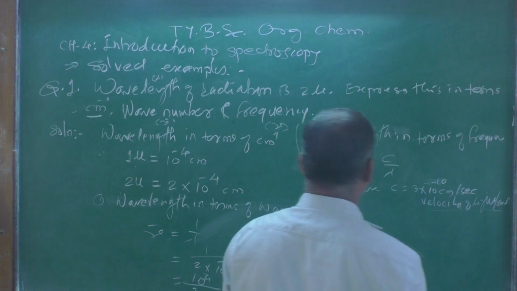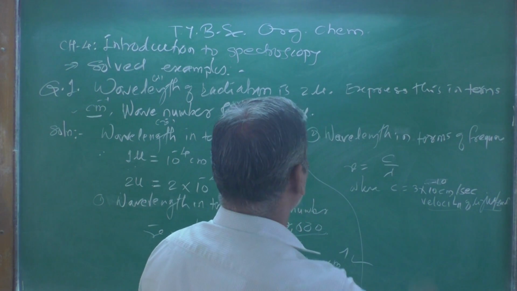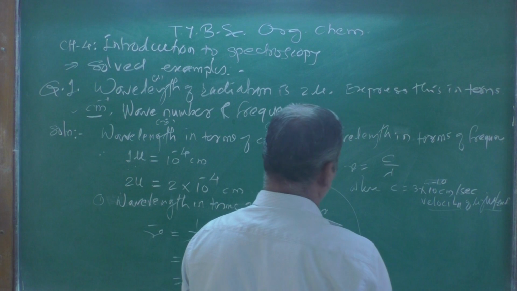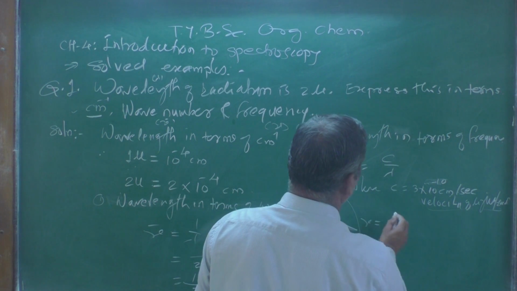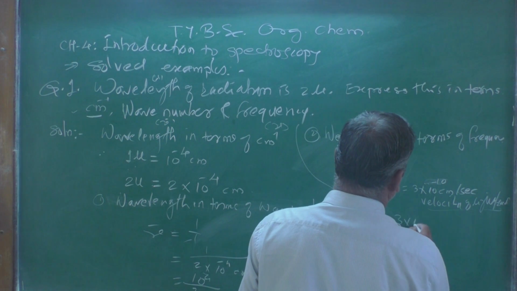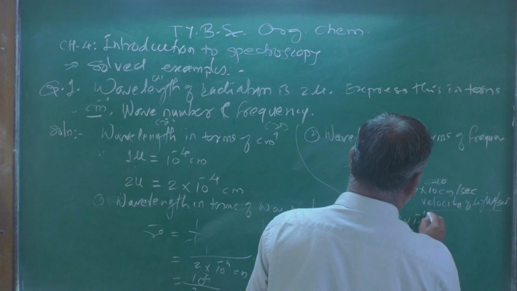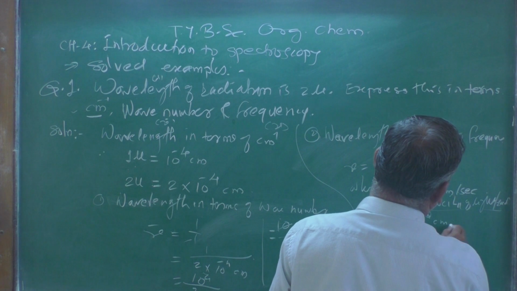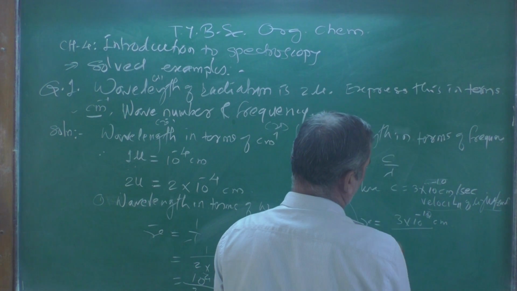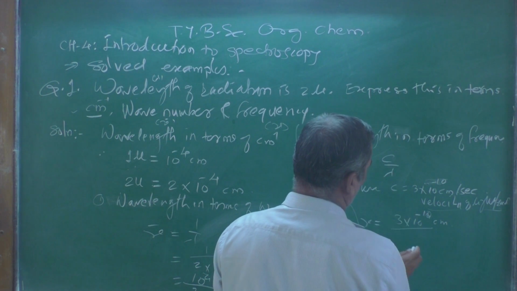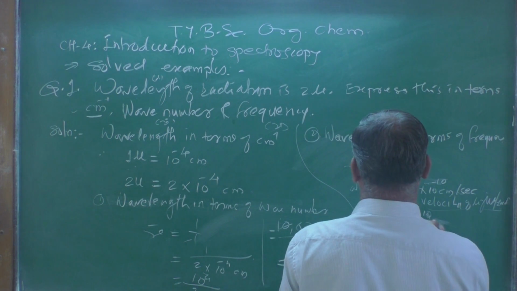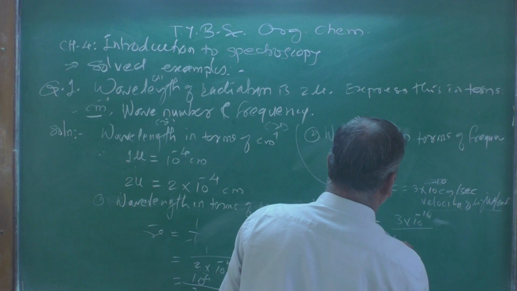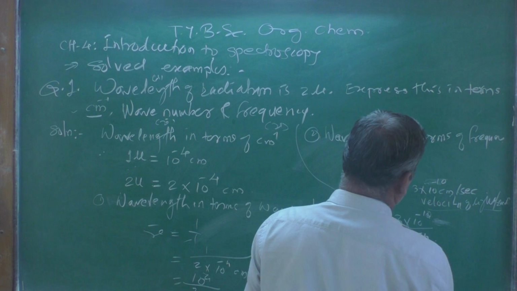And we know the value of lambda also, right? So mu is equal to 3 into 10 raised to 10 divided by lambda, which is in centimeter, and lambda is 2 into 10 raised to minus 4.